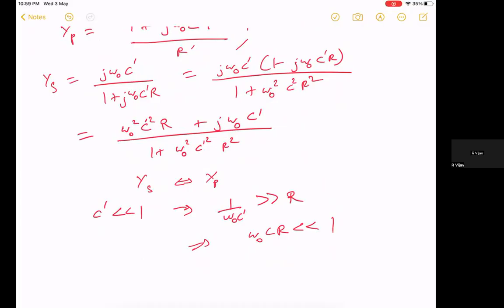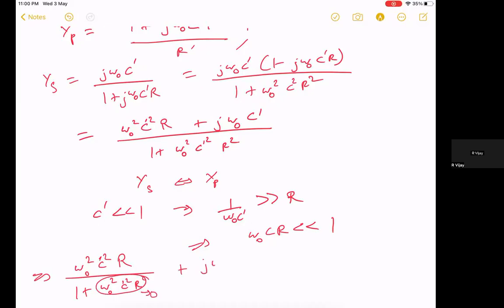So now I'm going to be equating these two things. So I have omega naught square C prime square R over 1 plus omega naught square C prime square R square. So this is the part which we had said is very small, so I'm going to set that to 0.